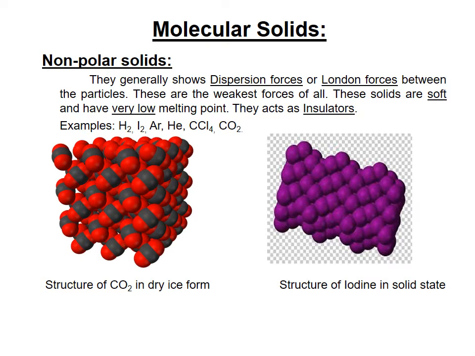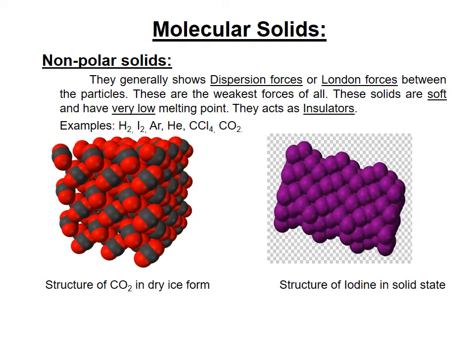Okay, the first type of molecular solid is non-polar solid. What is meant by non-polar compounds? The covalent bond formed between atoms whose electronegativity difference is 0 or almost 0. That is, they do not acquire any partially positive or partially negative charge.